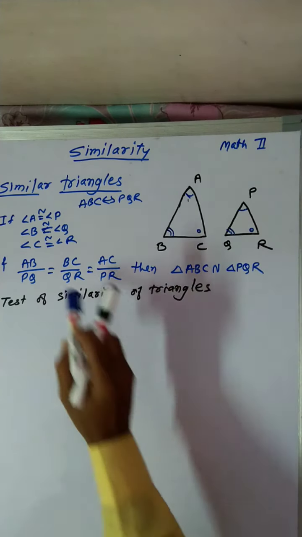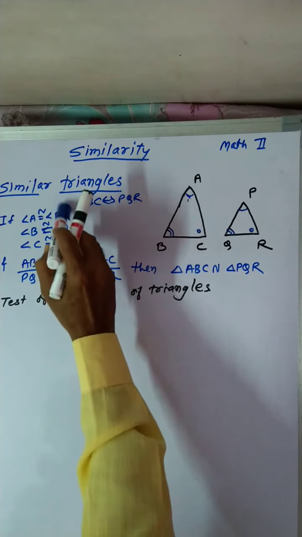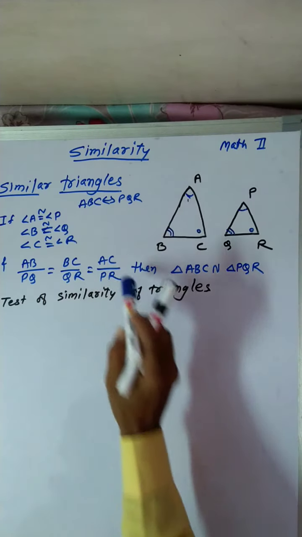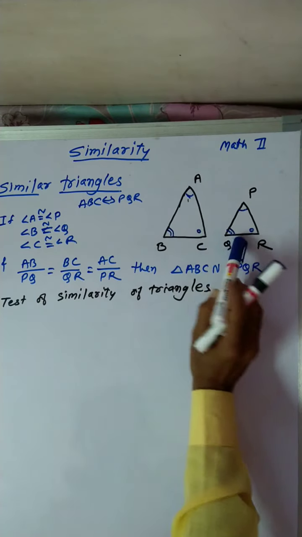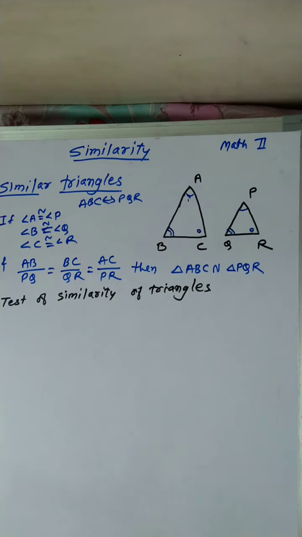Here we get 6 conditions, 3 angles and 3 sides: the three sides are in proportion and the 3 angles are congruent, then these two triangles are similar. That means there are 6 conditions to satisfy for similarity of two triangles.